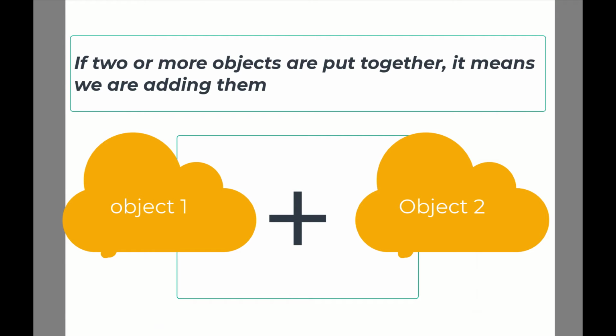Okay, when objects of two or more collections are put together in a problem, it means we are adding them. So in a problem, you can hear, Kwesi has 2 candies and 4 biscuits.